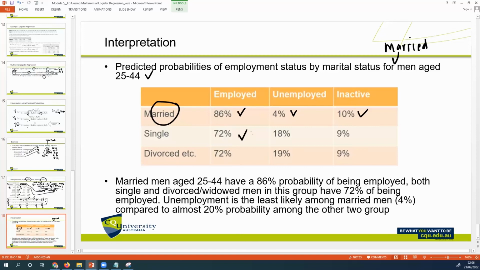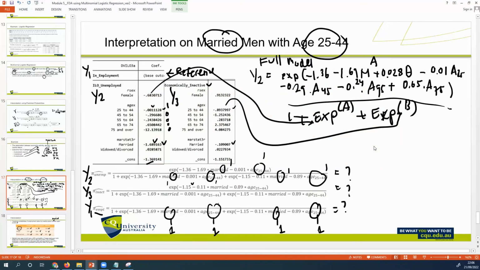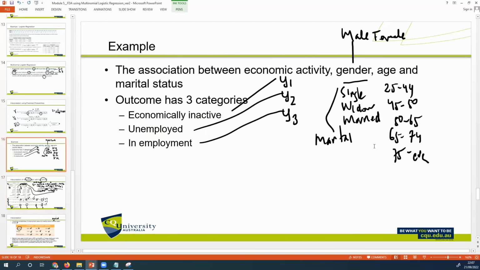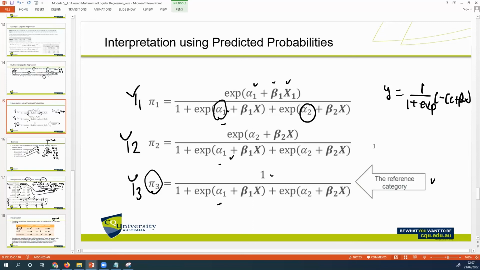Single 72%, unemployed 18%, inactive 9%, and divorced 72%, unemployed 19%, inactive 9%. So this is how you interpret using multinomial logistic regression. This is the methods.